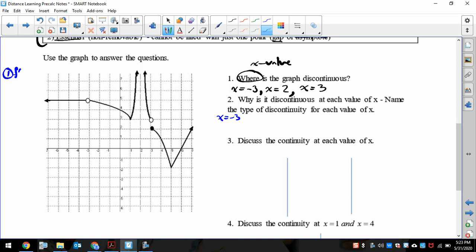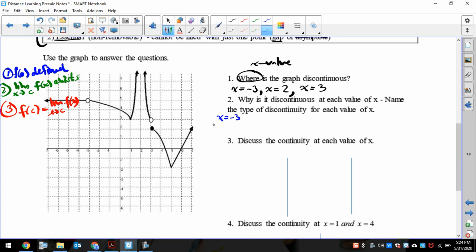One is f of c is defined. Two, the limit exists, so the limit as x goes to c of f of x exists. And the third condition is not only is it defined, not only does the limit exist, but they're all equal. So the limit as x goes to c of f of x is equal to f of c.